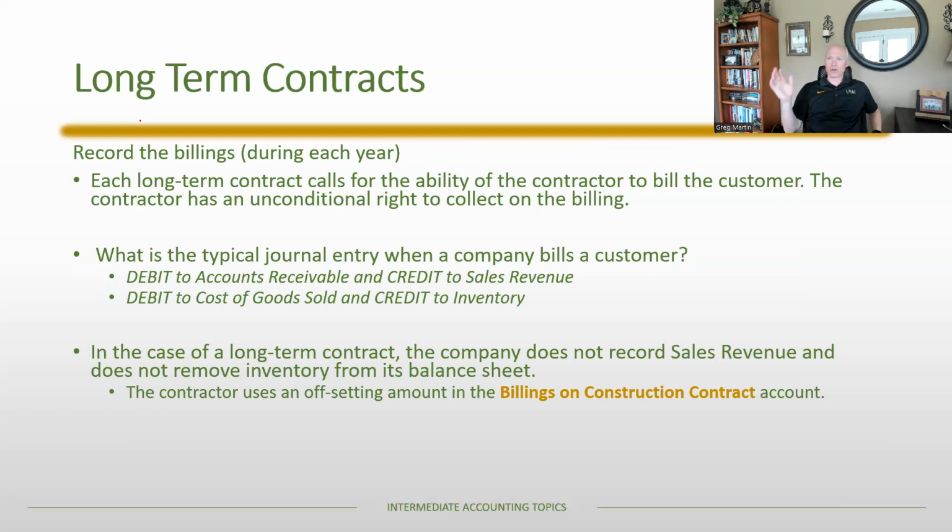We know with inventory and all that stuff, we've already been rolling it up into CIP, so we don't have anything to do with those. And so really it's the debit to the receivable that needs a credit, and that credit is going to be in this offsetting account, billings on construction contract. Again, the recognition of the revenue and the expense is independent of the way that we recognize the costs and the billings.